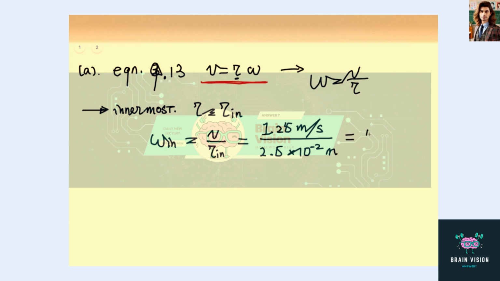And do the calculation carefully. We get 50 rad per second.